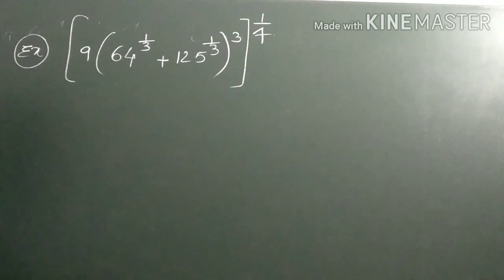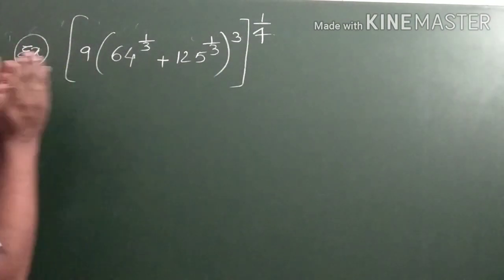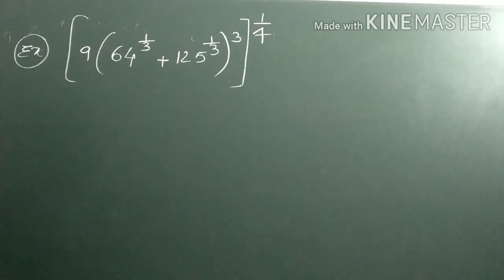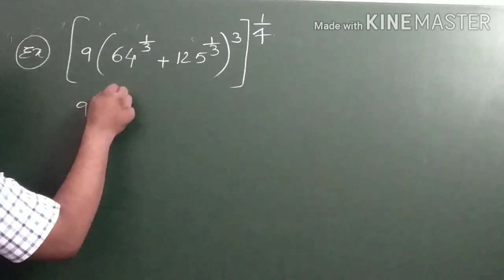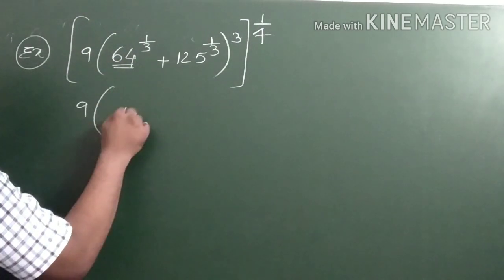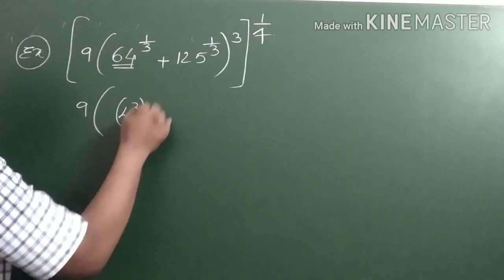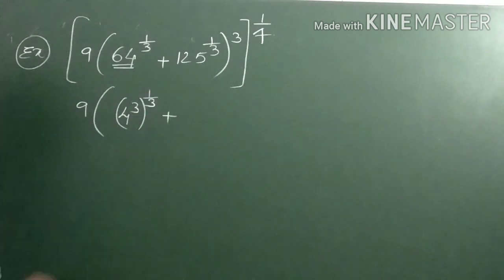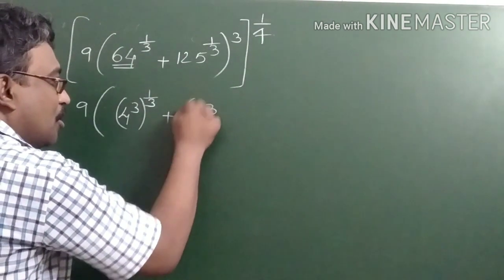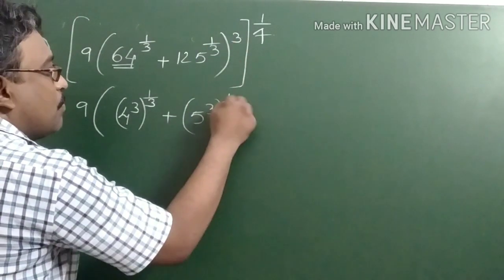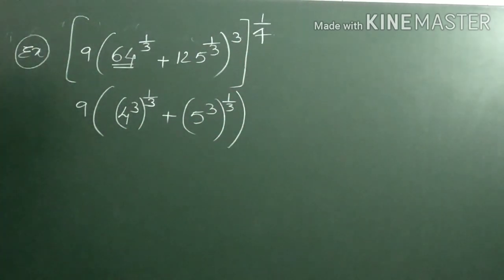The first thing you should solve is the middle one, what is there in the brackets. 64 can be written as 4 cube, very good. The same way, 125 can be written as 5 cube, whole to the power of 1/3.